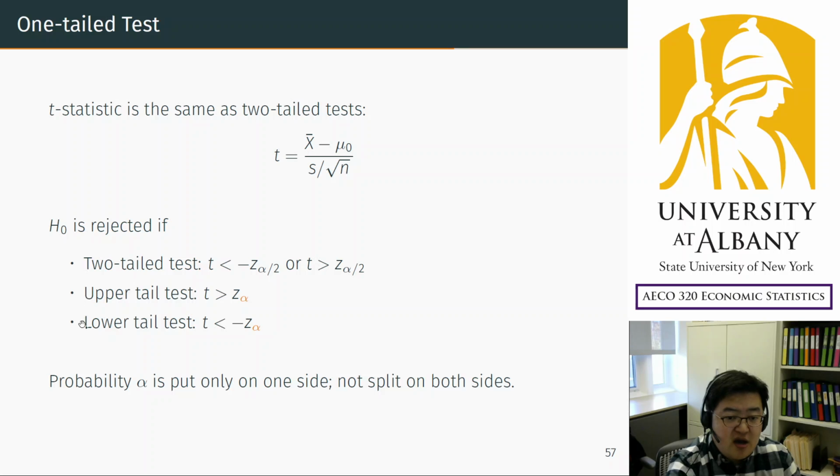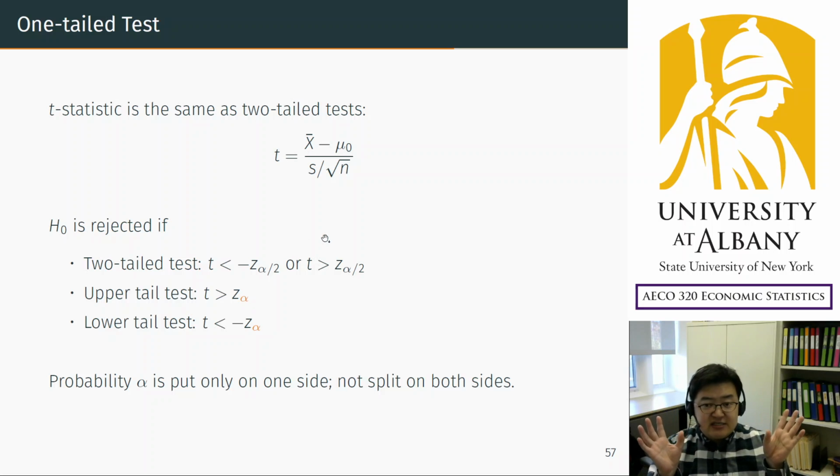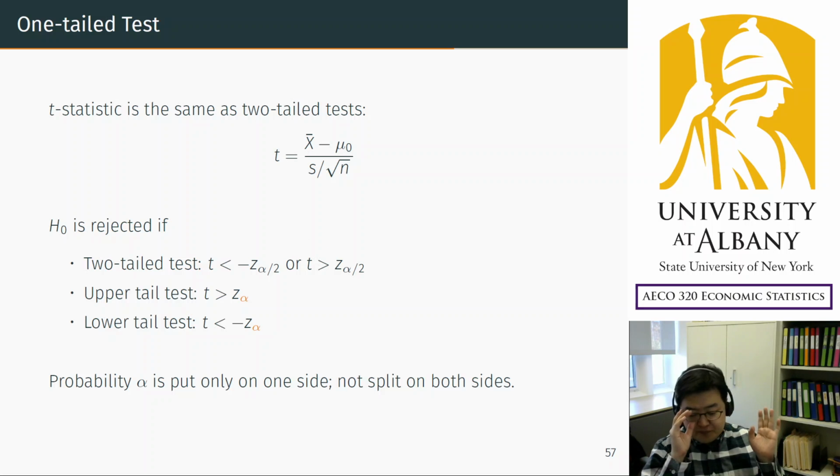So they are one-sided, but also what's more important is the subscript alpha. You have to pay more attention to here. So alpha is the probability of type 1 error, or how much you are going to reject, right?